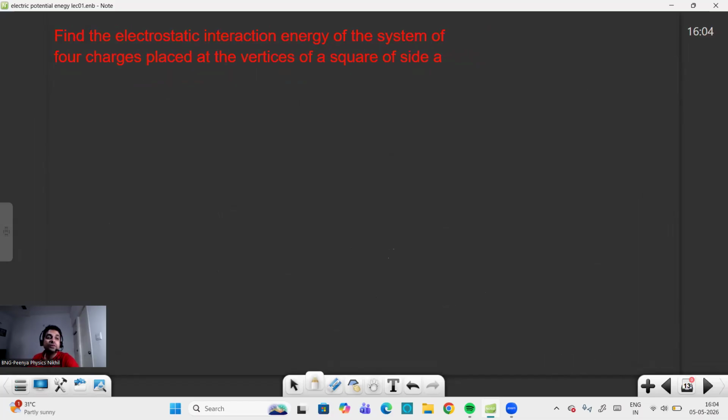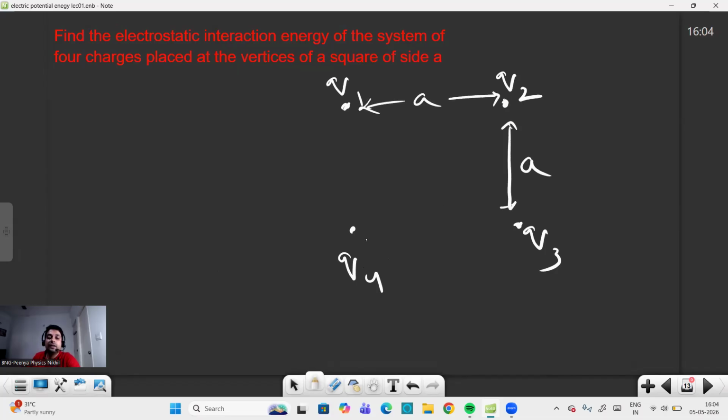Next question. Find the electrostatic interaction energy of the system of 4 charges placed at the vertices of a square of side A. So we will take a square, correct? And here, because there are 4 charges, let us consider the charges are Q1, Q2, Q3, Q4, and the square of side length A. So here we can write the total interaction energy is the number of pairs.